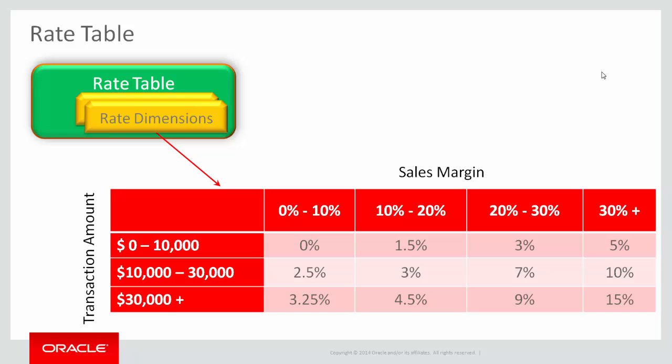multiple dimension lookups. So if I was to look at this in Excel, which is the tool that many people are coming off of when they start to automate this process, and I was to create something that says, okay, if the rate is greater than 10,000 and less than 30,000, and if the margin is greater than 10,000 and less than 20,000, then give a rate of 3%.